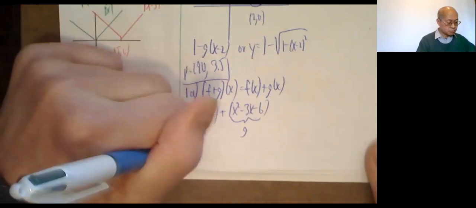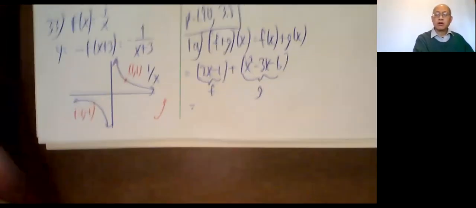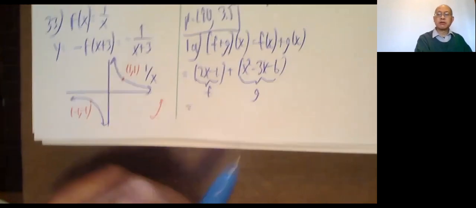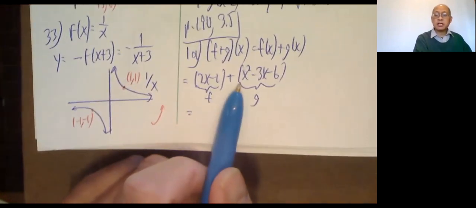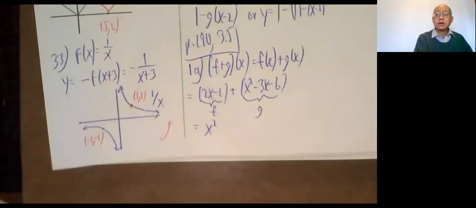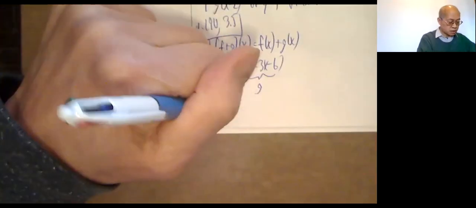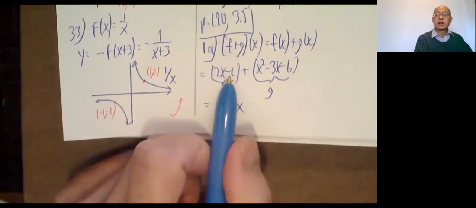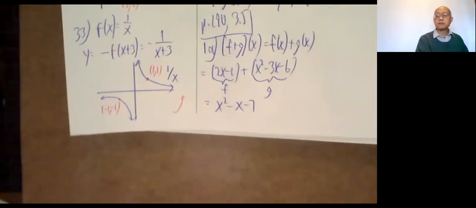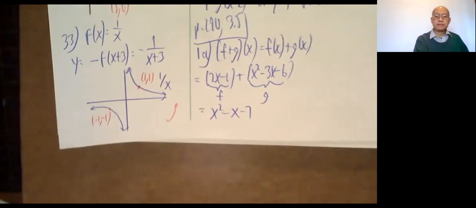Here's the addition. So just combine like terms, and I'll write it in order. Order is x squared, then x, then number, right? So it's just x squared, and then combining x, 2x minus 3x is a negative x. And then negative 1 minus 6 is minus 7. That's all. That's pretty easy, right?